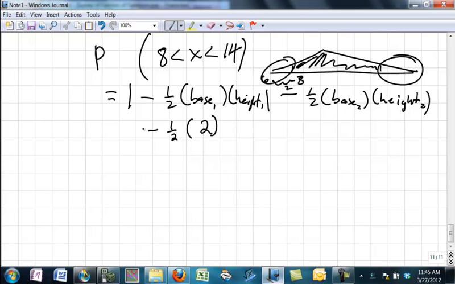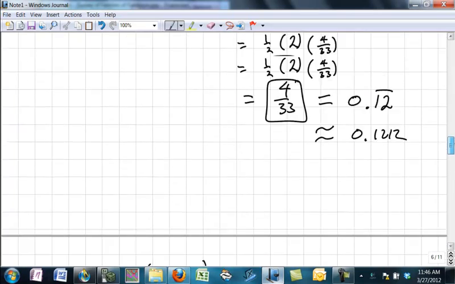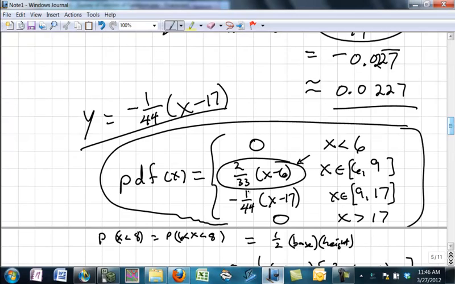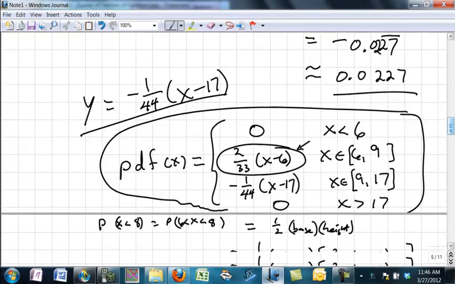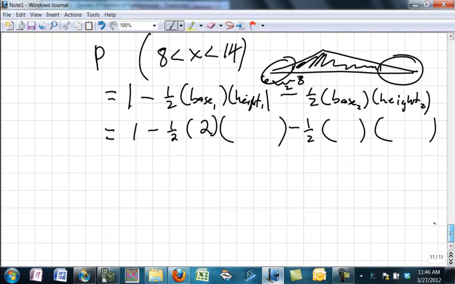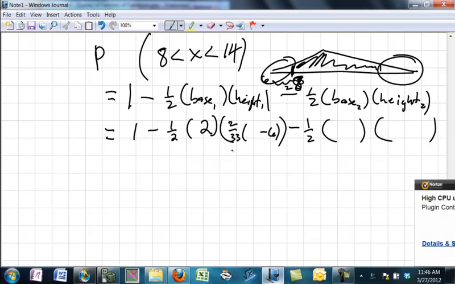Kind of get my template here and I'll fill in the blanks. And what's its height? Well, the height is given by that formula, and I've got to use the right part of the formula. Where's my formula? There it is. I'm using this part, 2 over 33 times x minus 6. And x is, here's the height right here, and what's the x value there? 8. So 2 times 2 is 4.